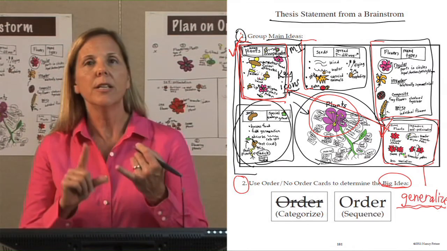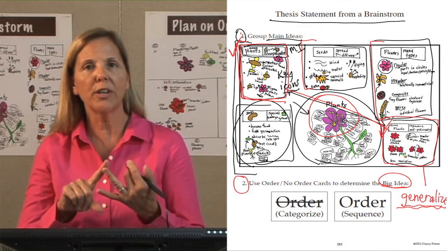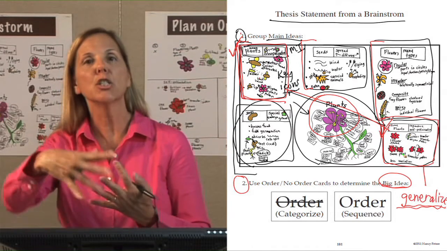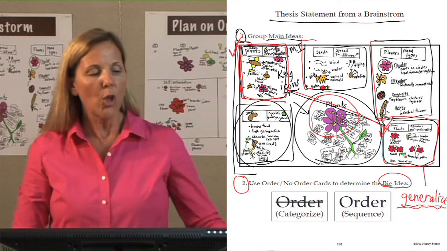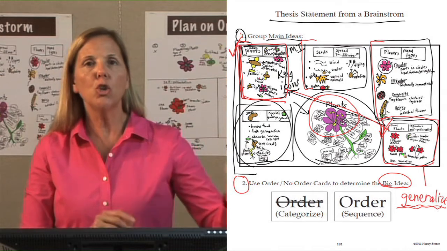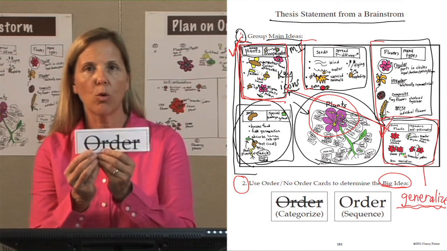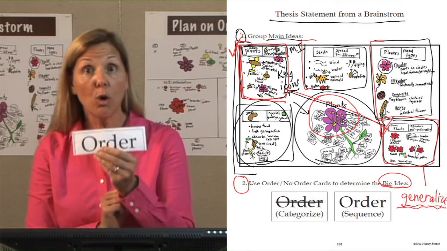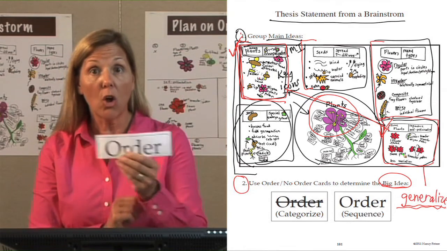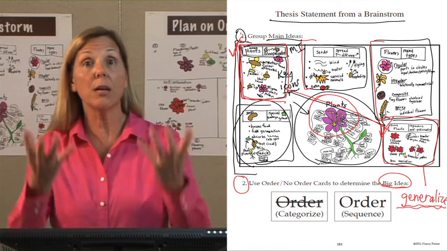What if we said self-pollination, cross-pollination, and seeds spread in different ways? Those are our main ideas. Do those main ideas have to go in order or don't have to go in order? They have to go in order because first of all, we need to have them become seeds.